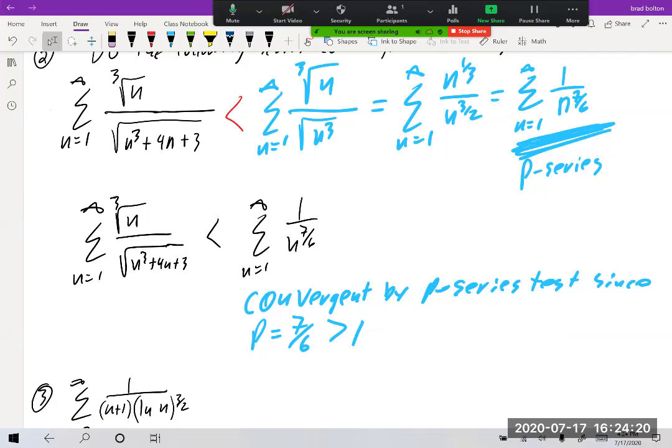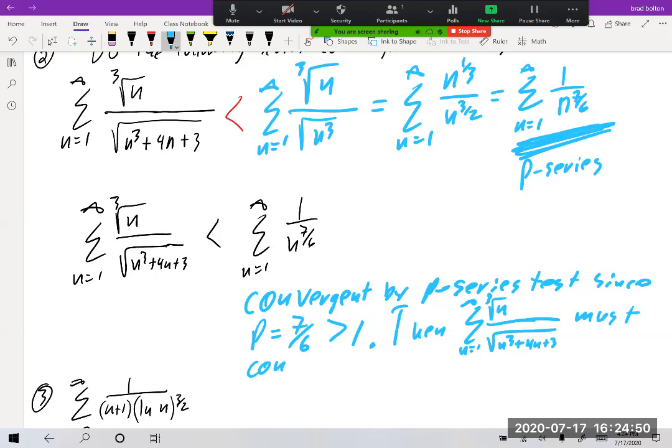Now what we can say is, let me keep writing it in blue, then the series must converge by comparison test.